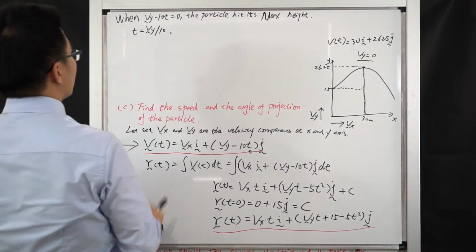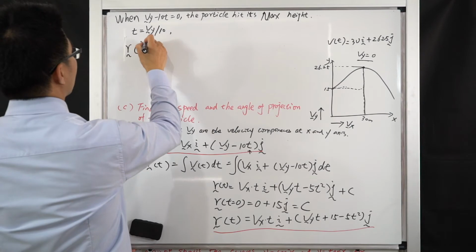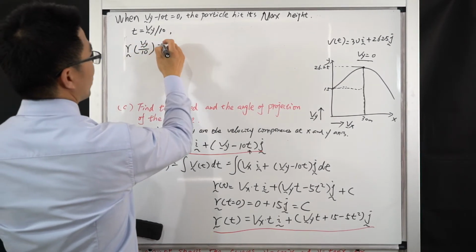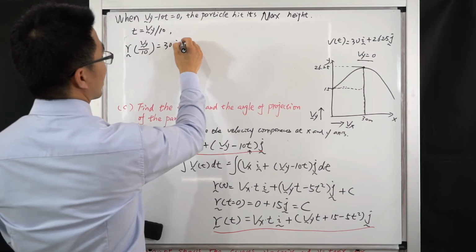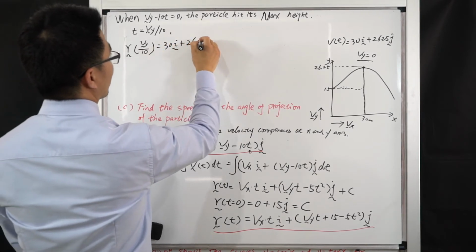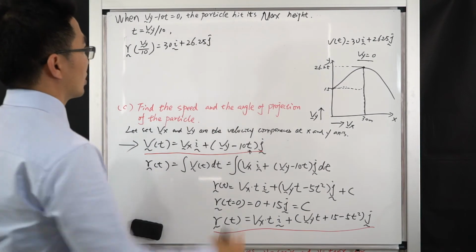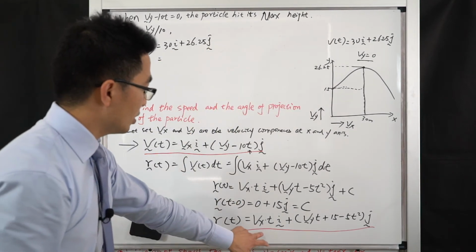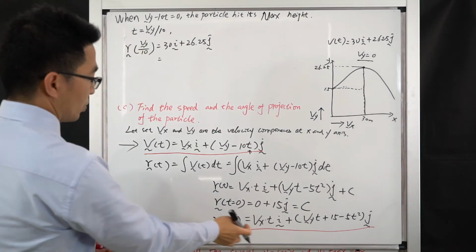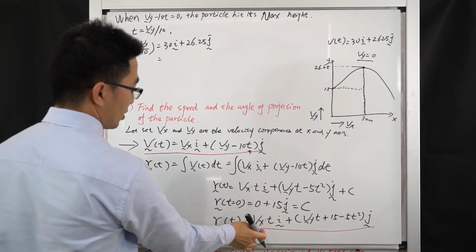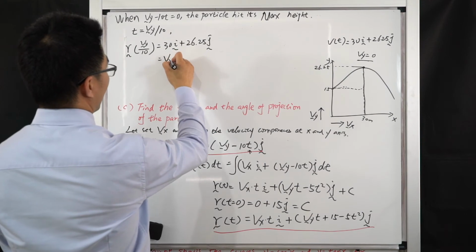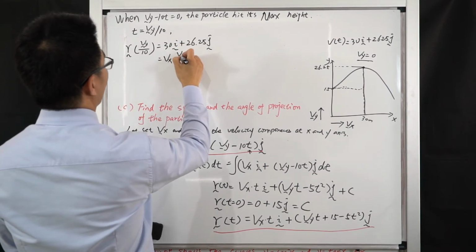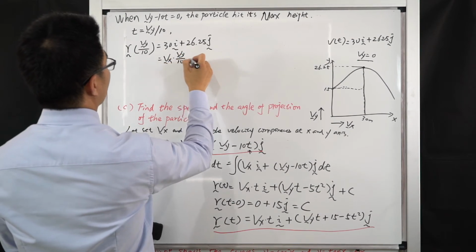Okay, from here, the displacement at this point of time equals 30i plus 26.25j. Using this formula, here's Vx times t. We don't have the value for Vx now, so let's keep it. We have to find the Vx, and then times t, here's the t, so Vy divided by 10.